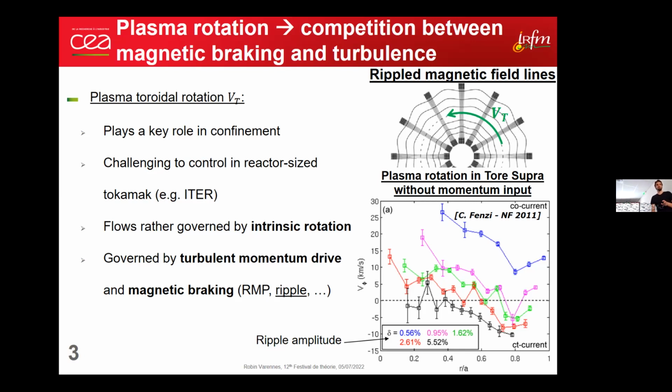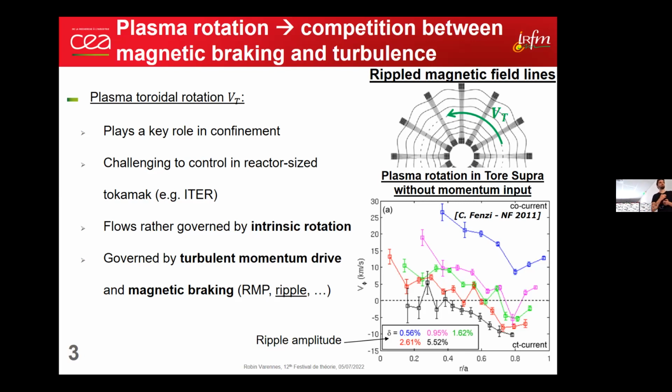Ripple won't be a candidate, I think, because it is static, so you cannot change the coils between one discharge and another. But there were some studies using, for example, RMPs, so resonant magnetic perturbations, or NRMPs, so non-resonant perturbations, to actually act on this magnetic braking and to change the rotation.